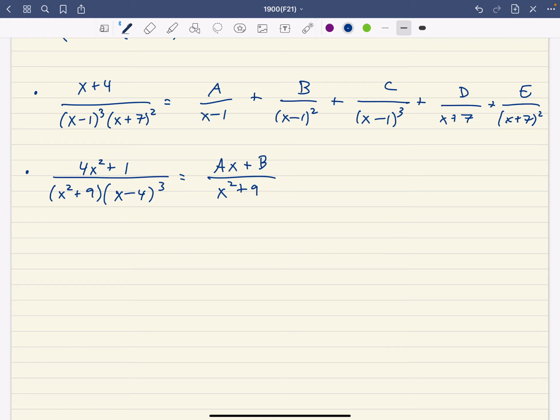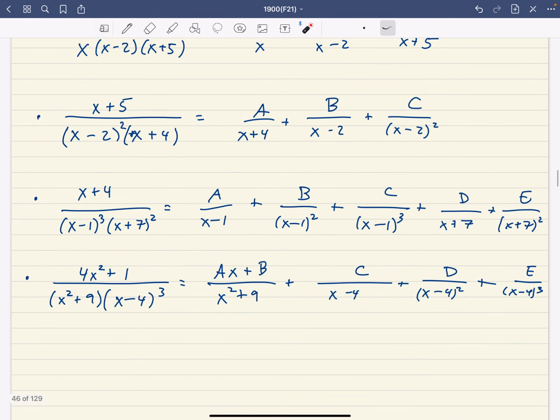You need both a constant and an x term in the top. And then the x minus 4 term works the same way that we've been talking about. So you have an x minus 4, x minus 4 squared, and x minus 4 cubed, with constants C, D, and E. And that would be the shape of your partial fraction decomposition. When I say shape, I mean that's the general form of the partial fraction decomposition.